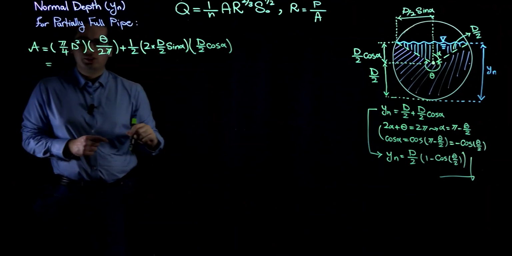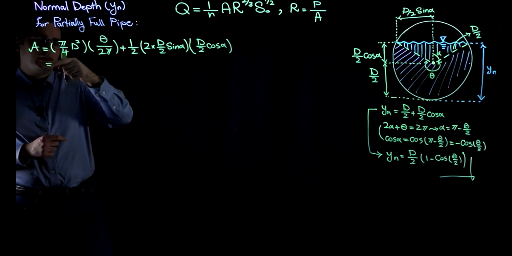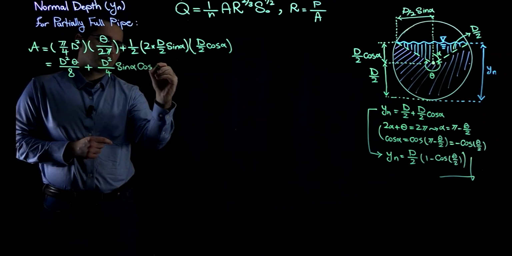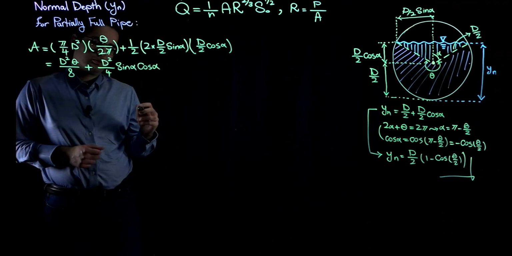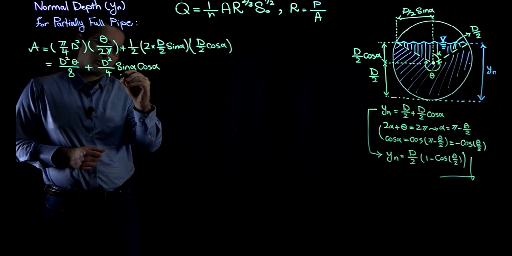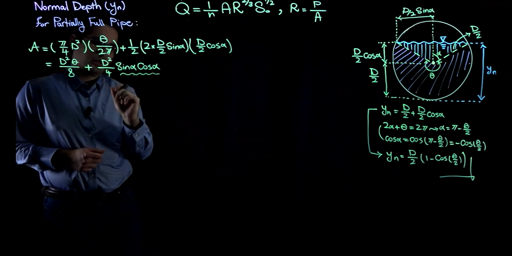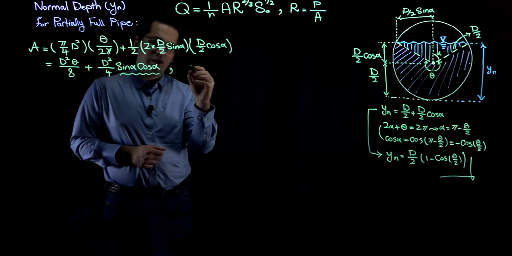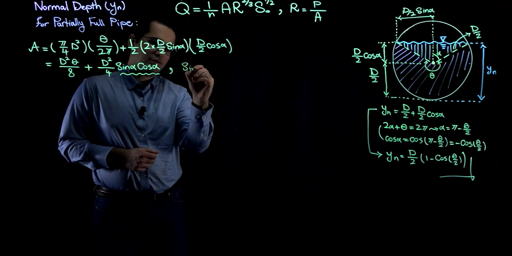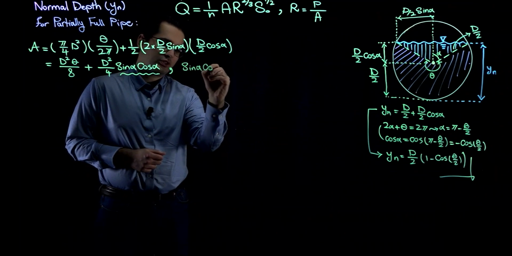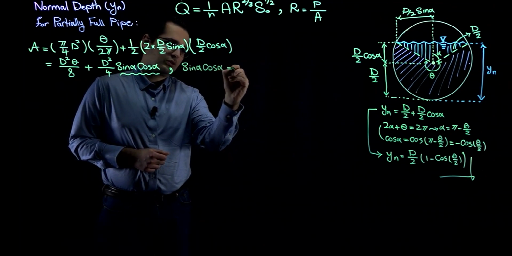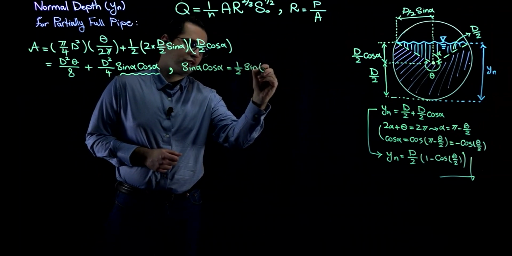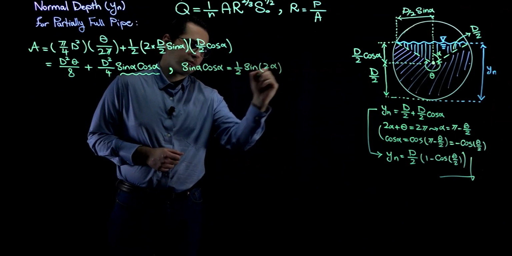Let's organize this equation and write it over here. Pi and pi will cancel each other out, so you will have cosine of alpha. You probably remember from trigonometry that this should be familiar to you. So let me write this over here. From trigonometry, you remember that sine of any angle times cosine of that angle is equal to half of sine of 2 times that angle.